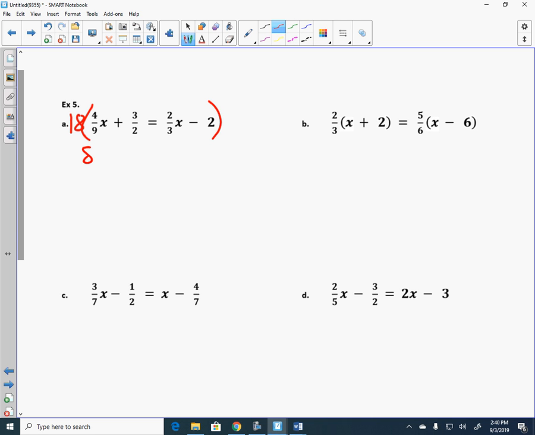So this becomes 8x. 18 divided by 2 is 9, times 3, this becomes 27. 18 divided by 3 is 6, times 2, 12x.